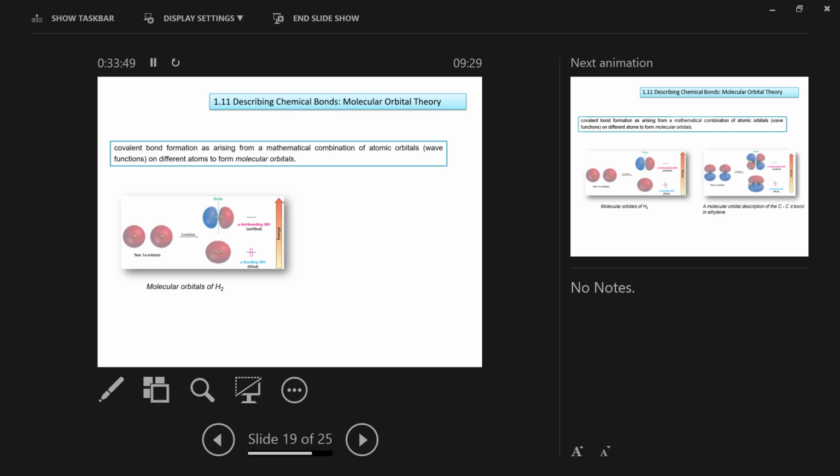For example, in a sigma bond, you can see that in all the carbon-carbon bond, up and down, we have the same color. Okay, this is a sigma orbital.